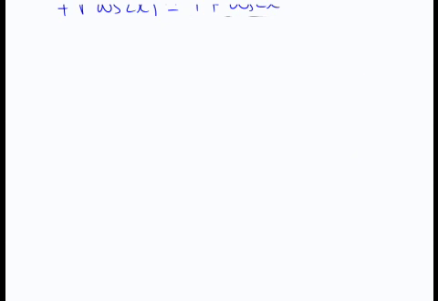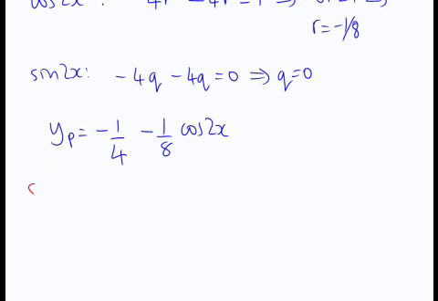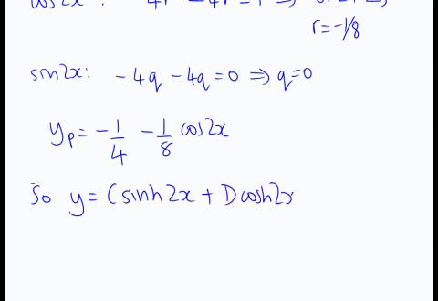So overall, I'll just change back to blue, y equals the complementary function, which is c sine 2x plus d cos 2x, plus the particular integral, which is minus a quarter minus an eighth cos 2x.